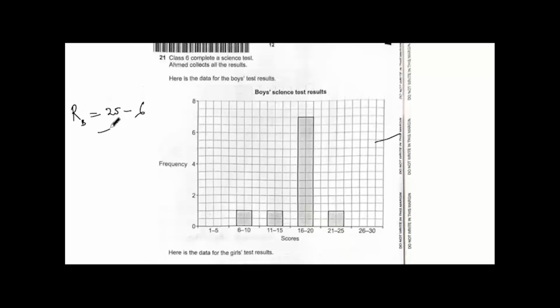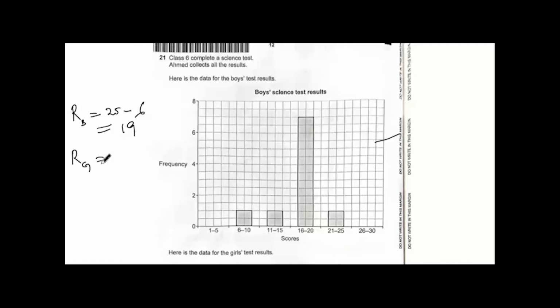If you look at their scores, their marks, the range for the boys, let me denote that by R subscript B, meaning range for the boys, will be the highest score here, that is 25, minus the lowest score here, 6, which is equal to 19.